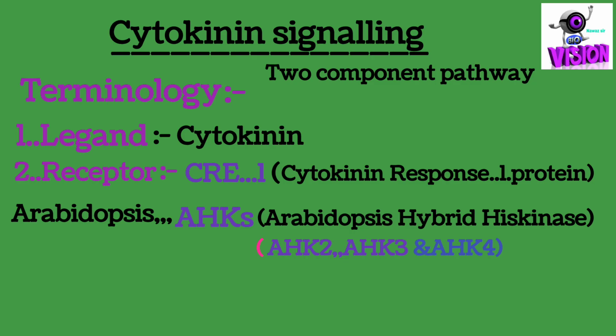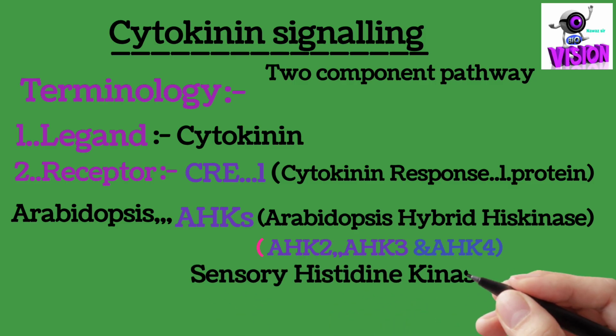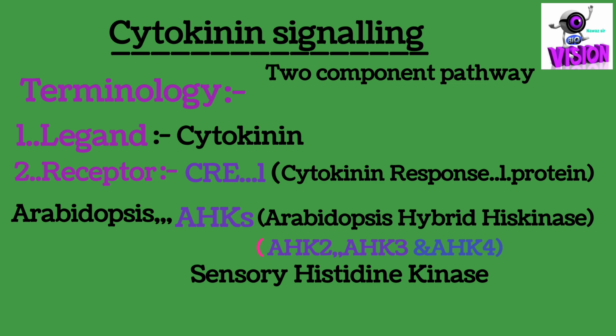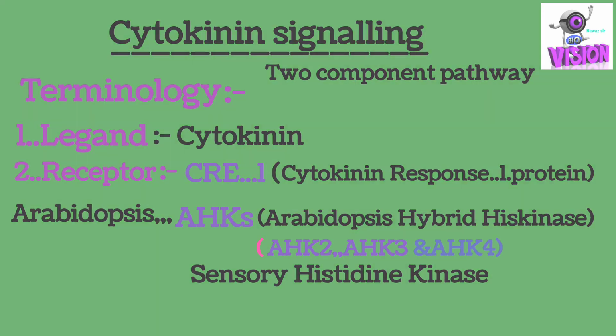This receptor molecule, Arabidopsis hybrid His kinase, is also known as sensory histidine kinase. It plays a significant role in the whole mechanism. The receptor, as the word indicates, combines with the ligand to form a ligand-receptor complex. The whole complex gets activated by means of ATP through the process of autophosphorylation.